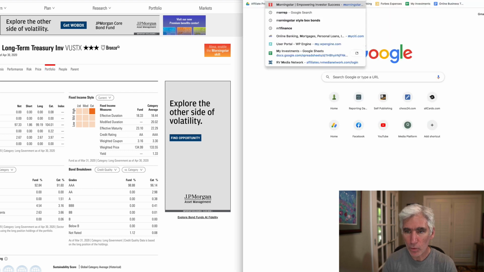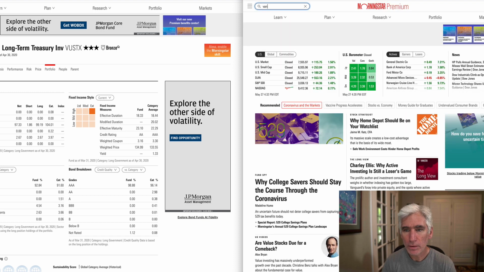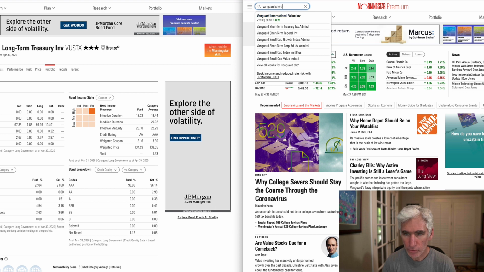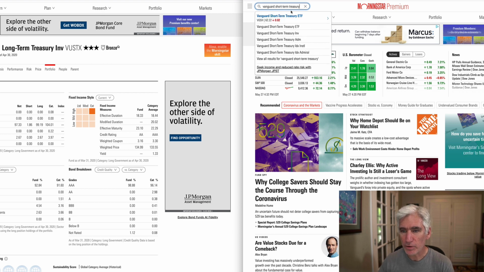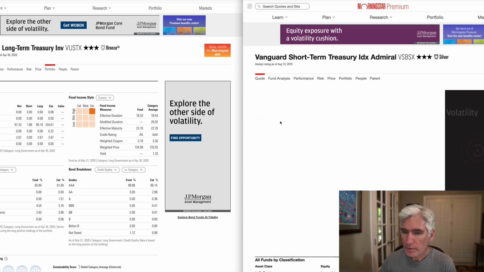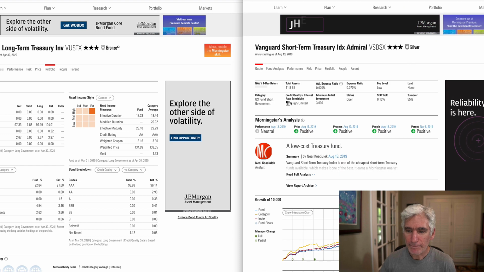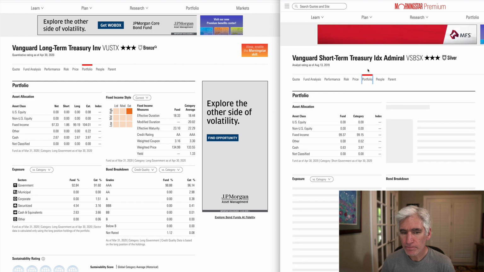Let's go back to Morningstar. I want to compare the Vanguard long-term Treasury to the short-term Treasury. I'm using the search box that we've looked at before. I think this one will do it. Let's see. Yeah, so here, we'll just go to a portfolio where we can see a larger style box.